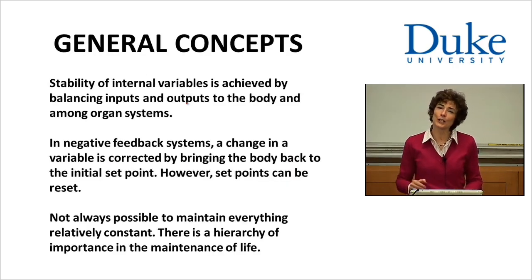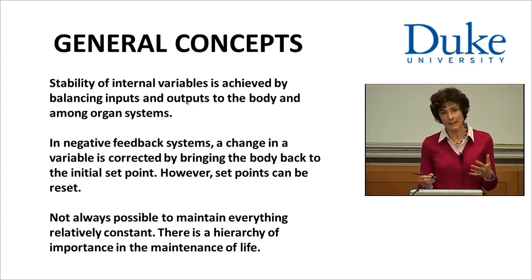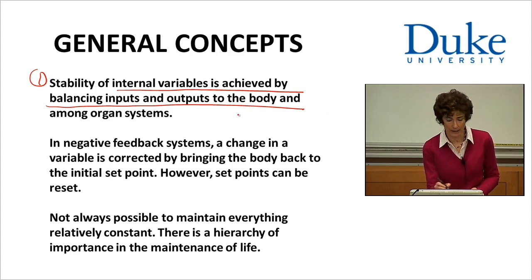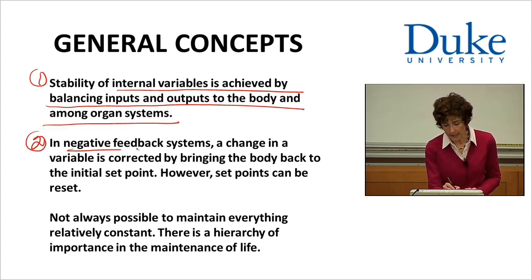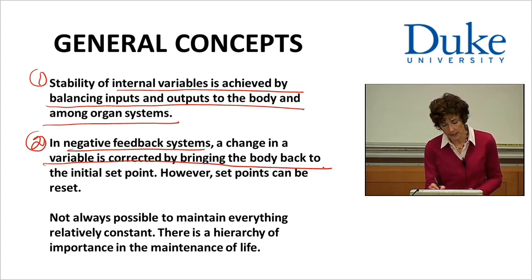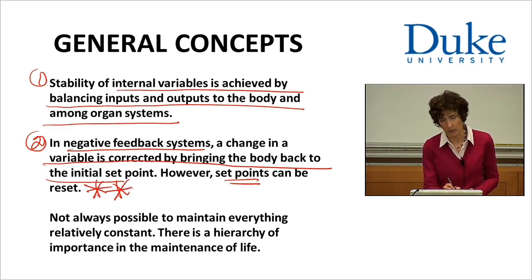All right, so what are our general concepts? First, stability of our internal variable is achieved by balancing our inputs and outputs to the body and among the organ systems. Second, in a negative feedback system, the change in the variable is corrected by bringing the body back to the initial set point. However, the set points can be reset, and this is an important point.